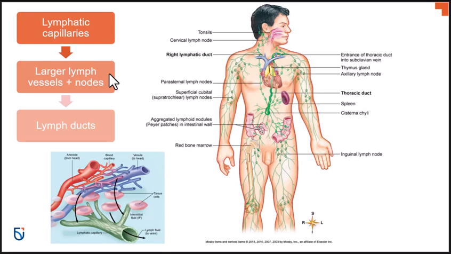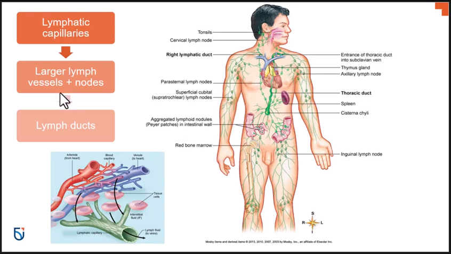Now, as a rule, lymphatic and blood capillary networks are going to lie side by side, but they act very much independently. So oftentimes where you see those capillary networks, you'll also see the lymphatic capillaries, but they are functioning independently. Lymphatic capillaries will then form larger lymphatic vessels and lymph nodes, which I showed you earlier.